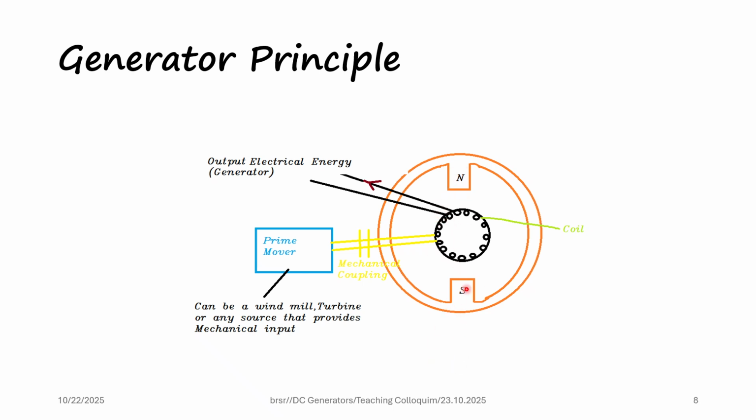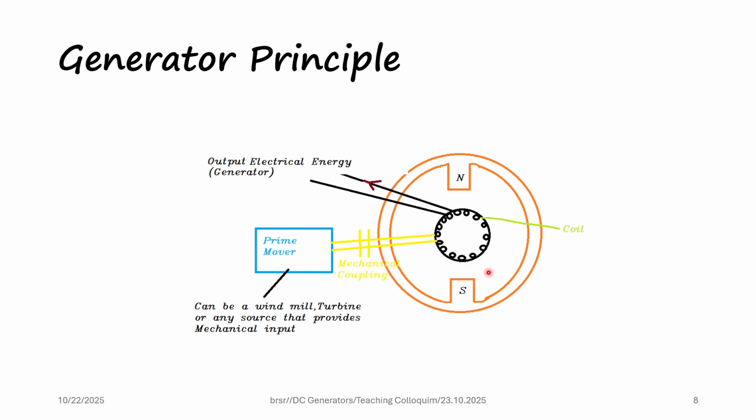Between the north and the south pole there will be magnetic lines of force, and the coil is placed in the center and made to rotate using a prime mover. A prime mover is a mechanical device, which can be a wind turbine, windmill, turbine, or any source that can give a mechanical input to the armature.